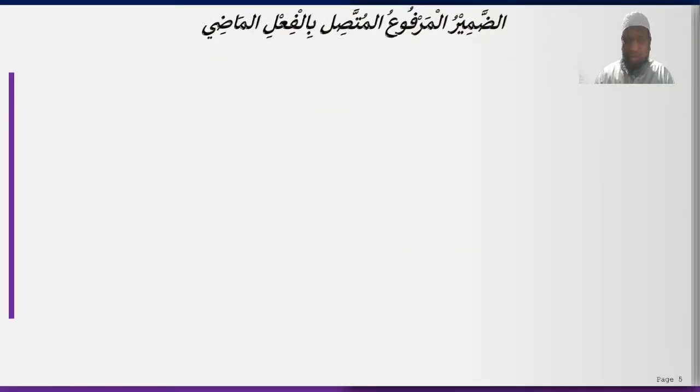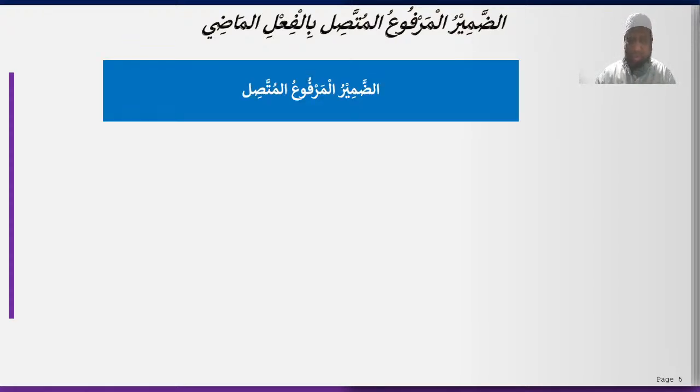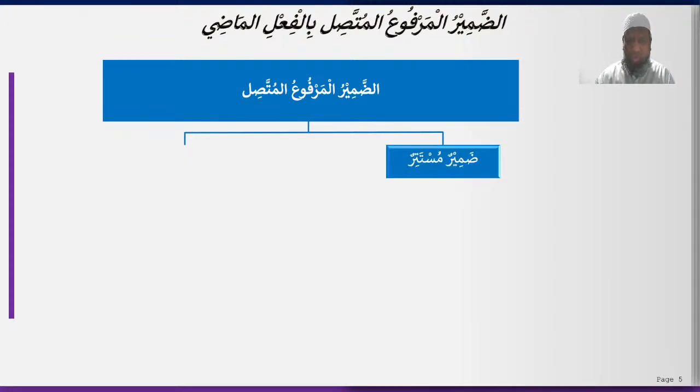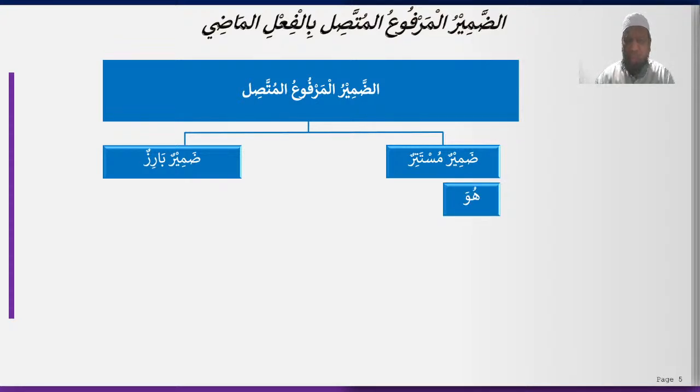The ضمائر that are attached with the فعل الماضي, let's go through them again. There are two types of ضمائر: one is ضمير مستتر, number two is ضمير بارز. The ضمير المستتر are only two, which are هو and هي.